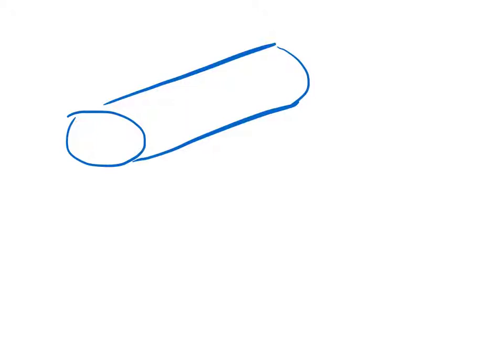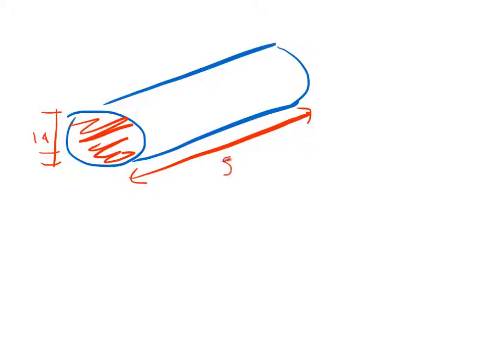Example 2, we've got a cylinder. So again, it's the same principle. First we're going to find just the area of the circle here, and in this case they're telling us the radius is 14 and its length here is 50.